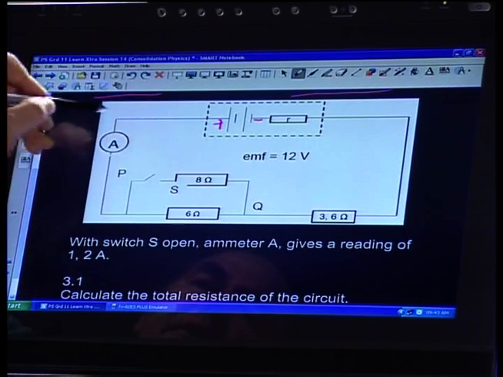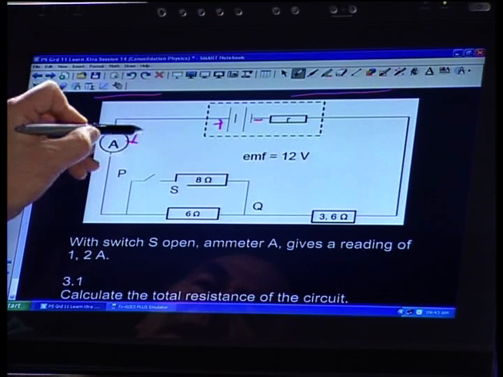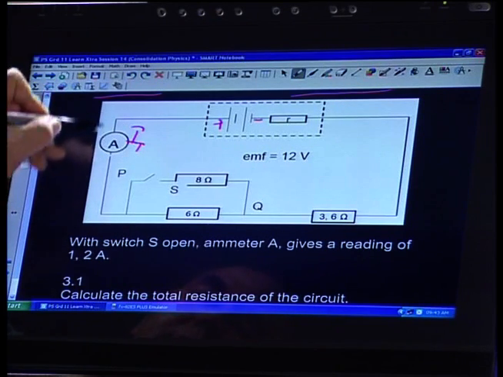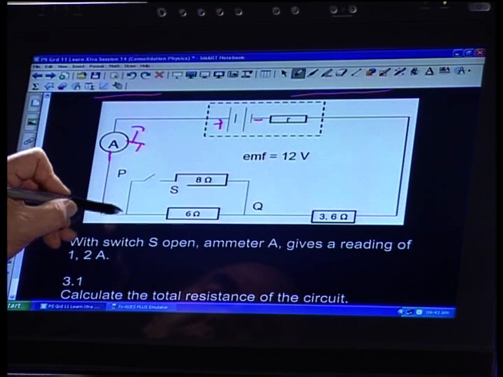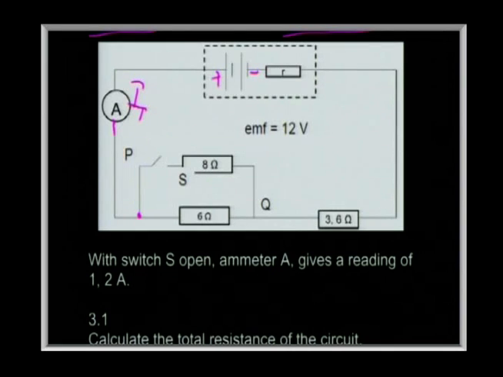Notice, if you start at the positive plate, this will give us I total, because it's only one route going to here. Here, the current could divide. There's a switch, so it can't go there at the moment. The switch is open. So really, we've only got a 6 ohm. This is resistor 1. And this one is resistor 2. And how are they connected?